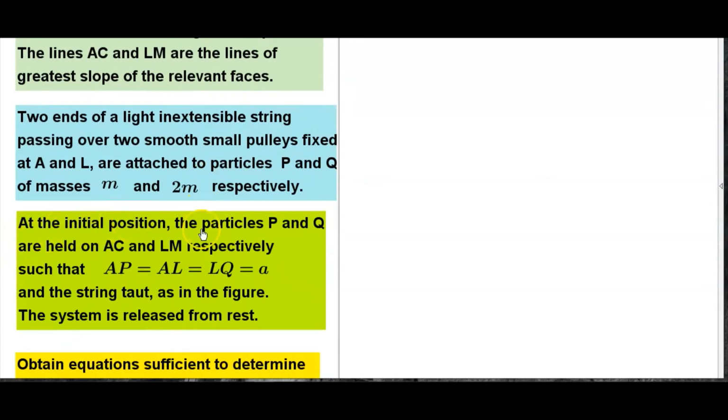At the initial position, the particles P and Q are held on AC and LM respectively such that AP equals AL equals LQ equals a, and the string is taut as in the figure. The system is released from rest.